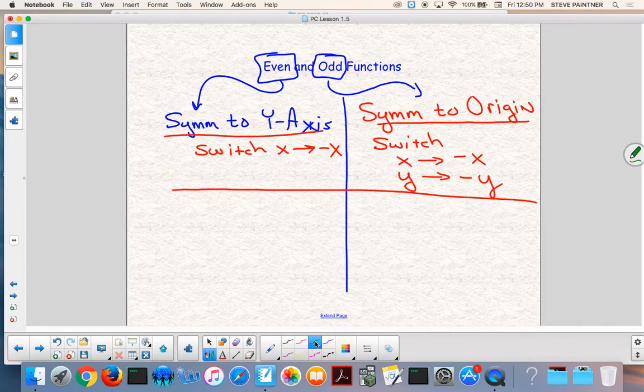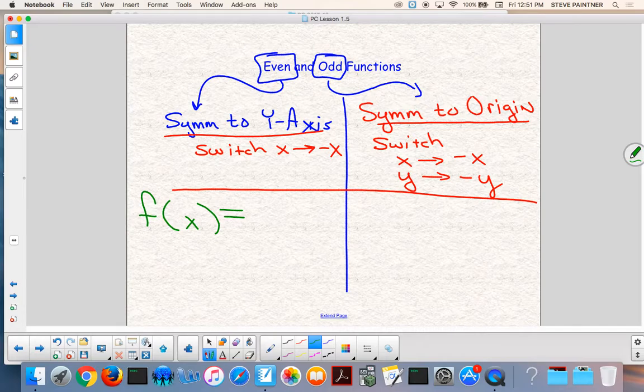Now, the problem is, the way they talk about it in the book isn't quite like this. What they say in the book is, if you have a function and you want to know if it's even, all you have to do is switch x to negative x. So take your function f of x and switch the x.